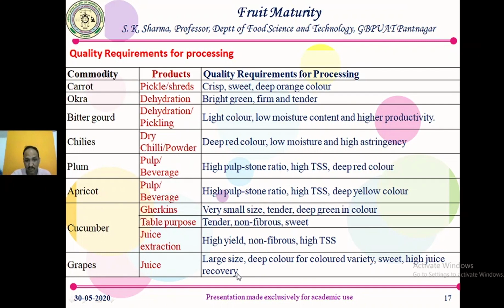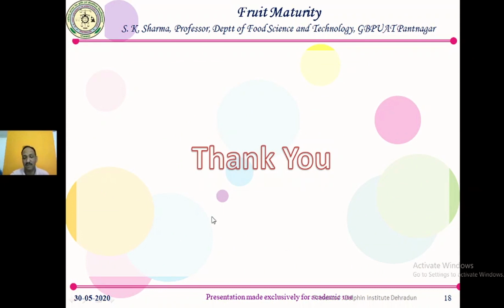Grapes, in case of grapes also, the colored varieties are preferred, and higher juice yield and higher sweetness are the desirable characteristics. So that's how it makes a difference. So on and on, we must understand that when you go for the selection of a maturity stage, it is only horticultural maturity, and this horticultural maturity, as I have already discussed, will vary with the purpose of use of the consumer.